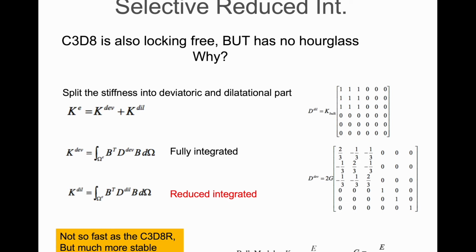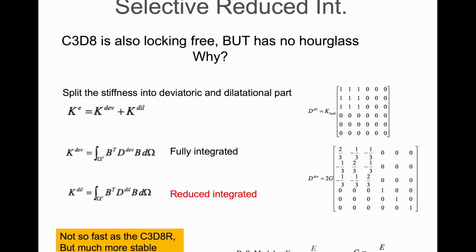So with that we can construct stiffness deviatoric and stiffness dilatational. Volumetric locking comes directly from the volumetric dilatational or hydrostatic part of the stiffness. So basically what we are doing here, instead of using reduced integration on the whole stiffness, we are using reduced integration only on the hydrostatic part, okay? And we are keeping the deviatoric part fully integrated.